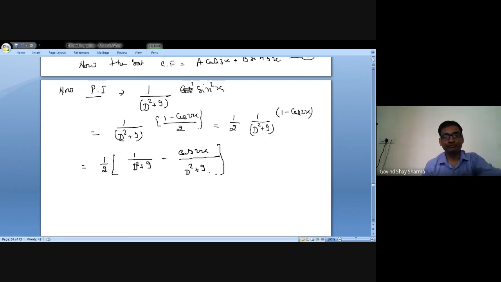Okay. So here we can write x to power 0. So 1 by 2, we take 1 by 9 common.